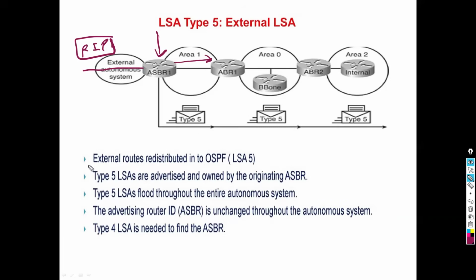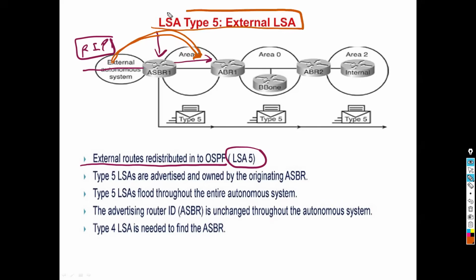So an external route redistributed in OSPF is called LSA5. Whenever you are redistributing your routes into OSPF, this type of update is called what? LSA5, the external LSA. Clear this point? Yes, very clear.